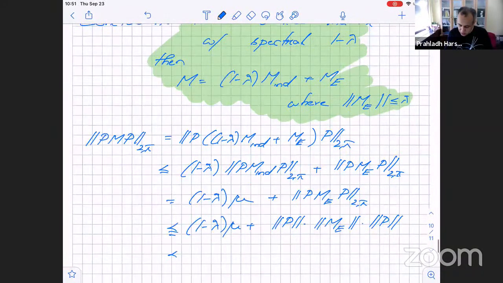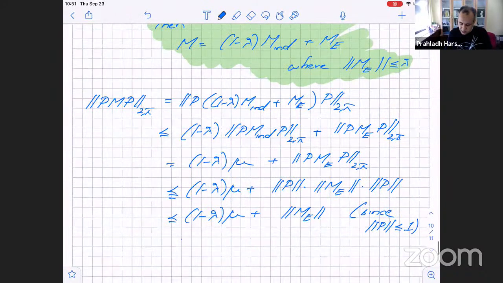Therefore, this is at most 1 minus lambda times mu plus ME, since P has norm less than 1. And this, we already saw, is 1 minus lambda mu plus lambda. That's the end. It's a long proof, but this is exactly what we wanted to show.